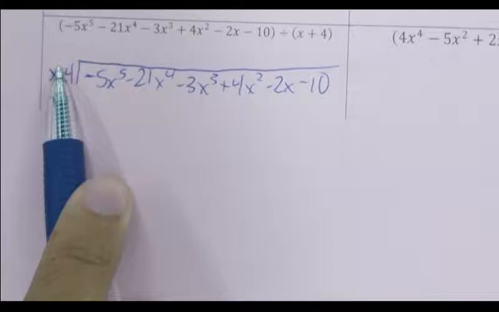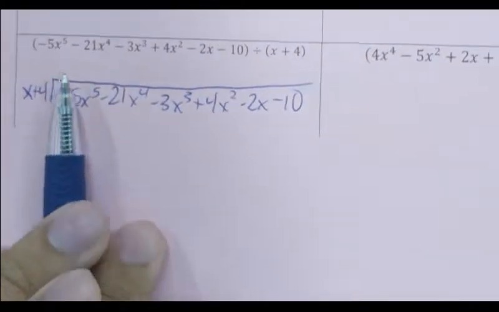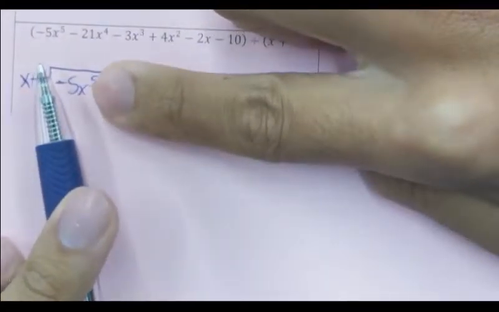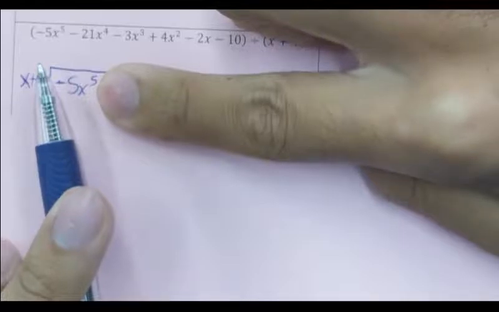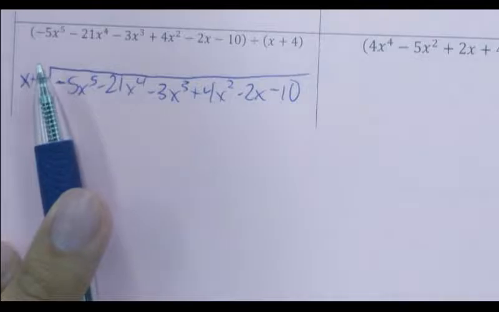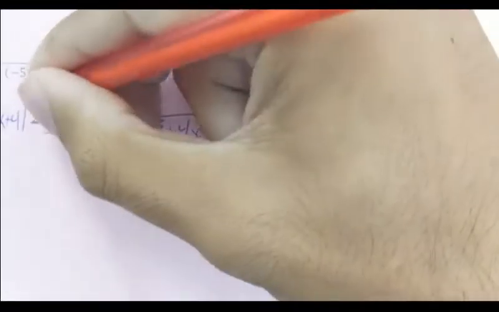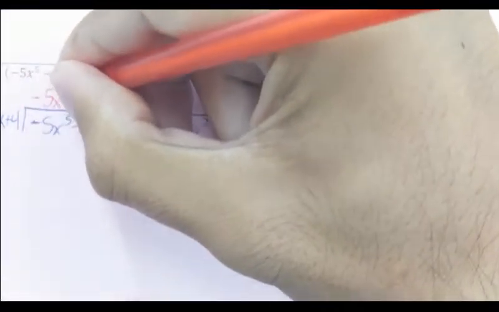So I can ignore the plus 4 for now, and I can ignore all of this over here. My only goal at the moment is to figure out what do I multiply x by to get to negative 5x to the fifth power. Okay, so that answer is negative 5x to the fourth power.